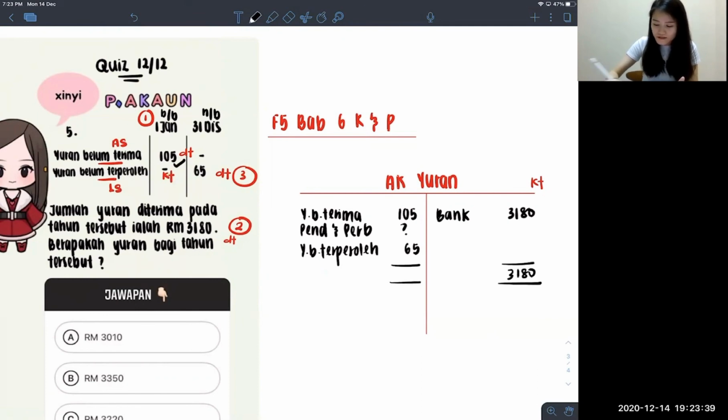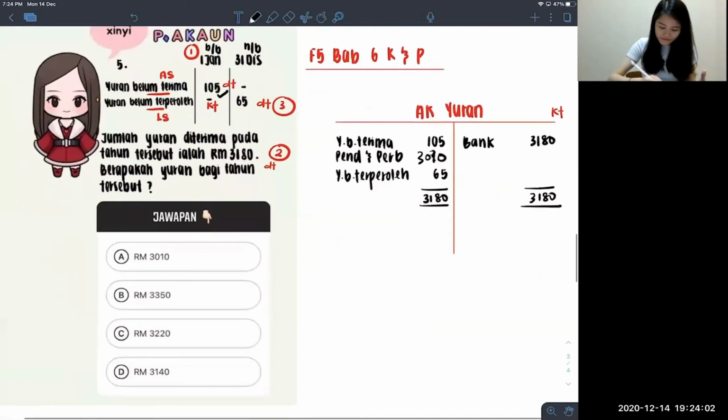I want both sides to be balanced, but now my debit side is not balanced because I have a question mark. So how to find this question mark? Just take your 3180 minus 65 minus 105. So take out your calculator and start calculating now. 3180 minus 65 and 105. Our sebenar is supposed to be 3010.